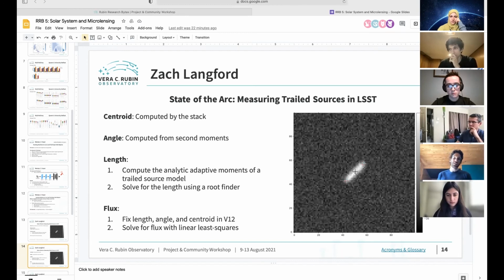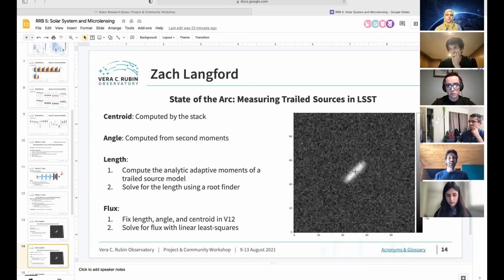This method allows us to not have to touch any pixels, and we can use a fast root finding method. And so this effectively gives us the flux almost for free. We just need one evaluation of the Gaussian PSF convolution model. So if we fix the length, angle, and centroid, we can then use linear least squares. We have a one-dimensional problem we can solve for the flux.